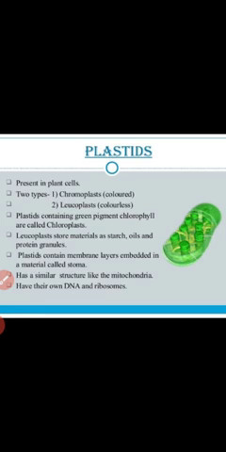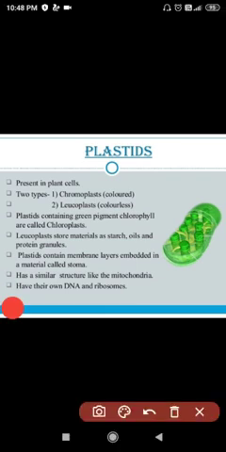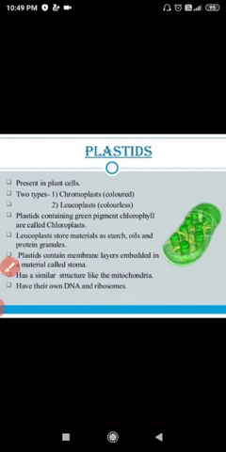Those two are the mitochondria, which we discussed yesterday, and today the plastid. Plastid is the organelle which has its own DNA as well as ribosomes. Because of the presence of DNA, it is able to control all the biological activities on its own. Done?